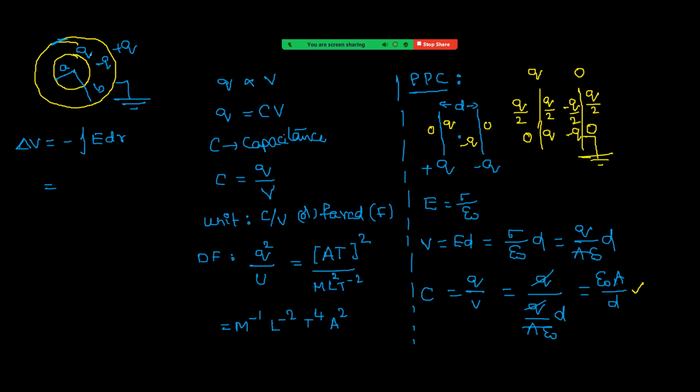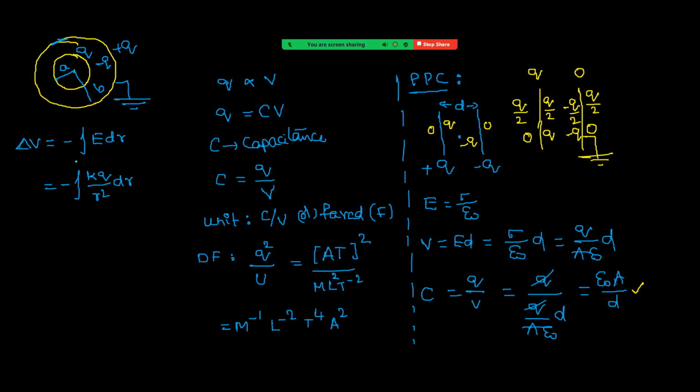So when you are taking the field because of a conducting sphere outside, we can assume the entire charge at its center. It is just like due to a point charge. Then see what we can do here. E value kq by r square into dr.